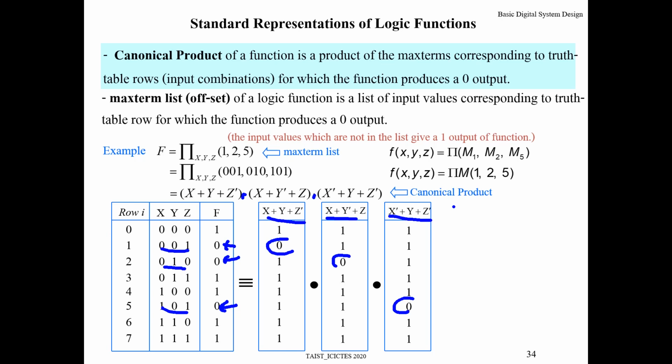This expression is called canonical product, product of max terms. Or you can write it with the symbol pi, with the binary or decimal values of the max terms, the offset. Or you can write this form: pi and capital M followed by the decimal values of the input combinations that make the function become 0.